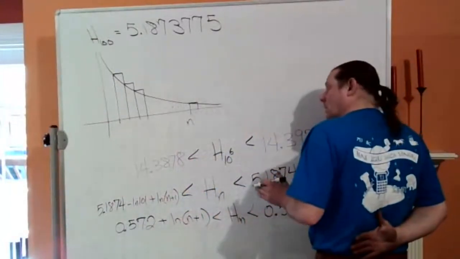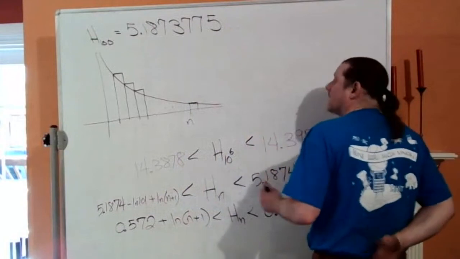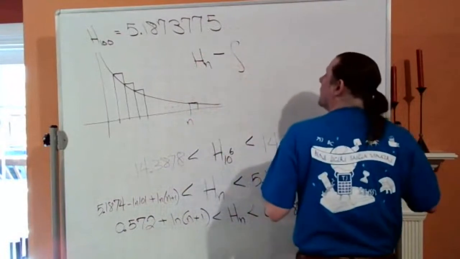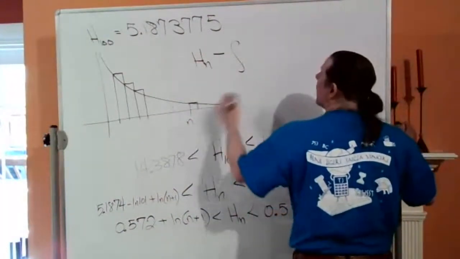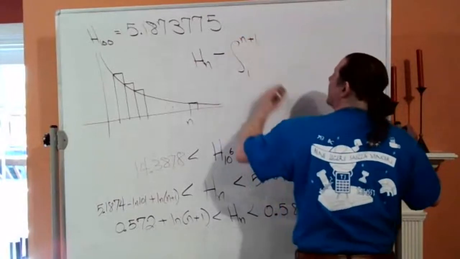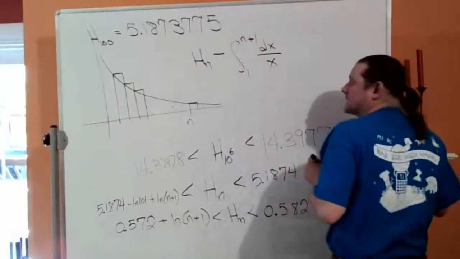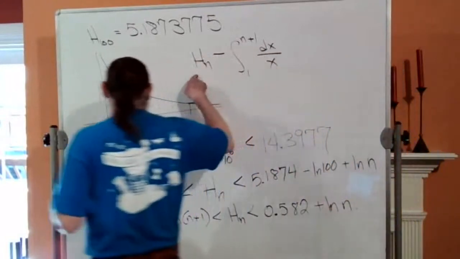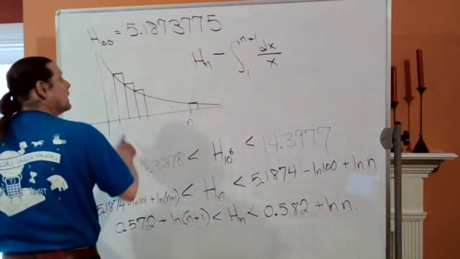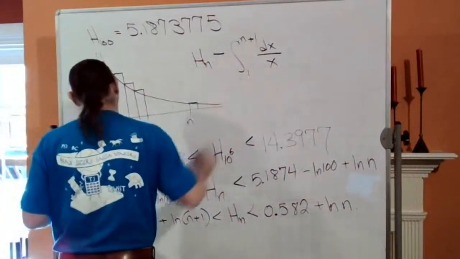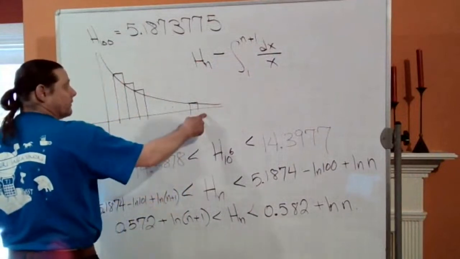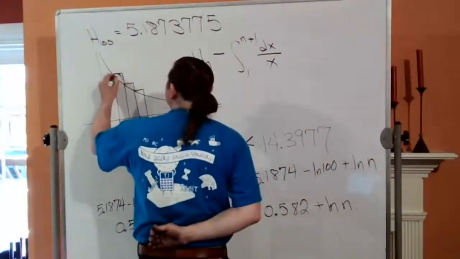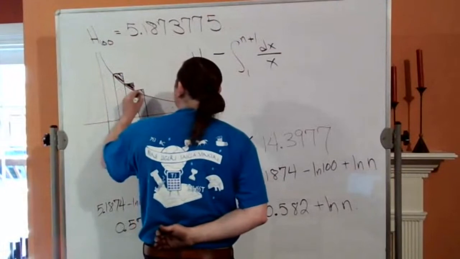All right. So, if I were to take Hn and subtract from it the integral from 1 to n plus 1 dx over x, let's see what that gives. Well, Hn is just going to be the area of the boxes. The integral from 1 to n plus 1 dx over x is going to be the area under the curve. So if I subtract, then I'm going to get these little areas.